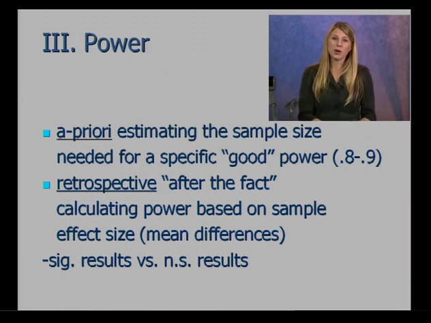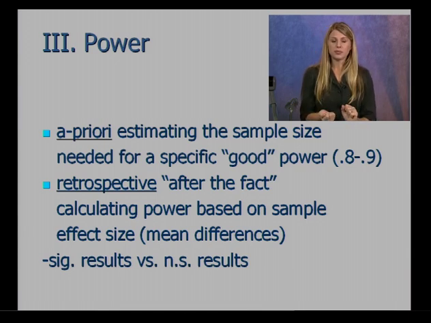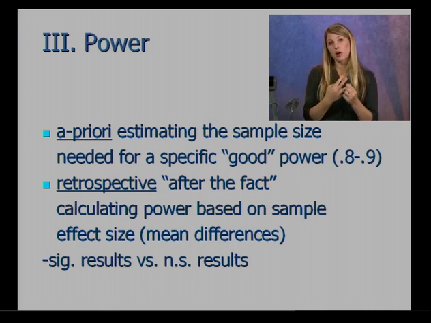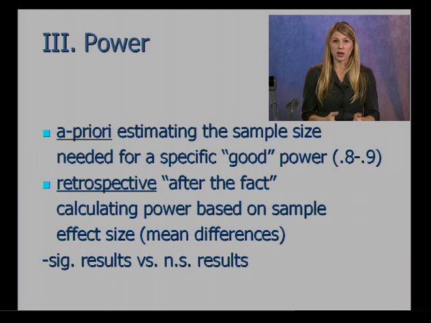And you calculate power, because there's three things that go into it: sample size, effect size, and power. So you can take any one of those out of the equation. You could take out power and calculate your power. Or if you have the power you want, then you can calculate the sample size you need at a certain effect size. So retrospective calculates power, the one missing component, after the fact, using the sample means to estimate effect size.